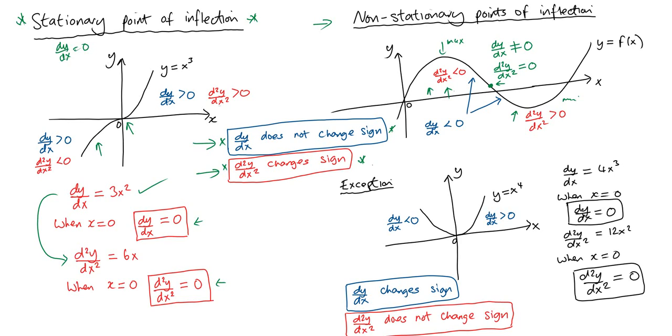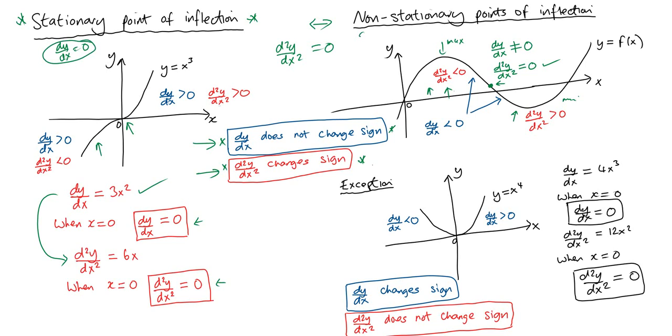The important thing is that dy by dx is not equal to 0. You can see it's not equal to 0 either side. It's less than 0 either side. The main thing to remember is that at a point of inflection d2y by dx squared is equal to 0, but it's only for a stationary point of inflection that dy by dx is equal to 0.